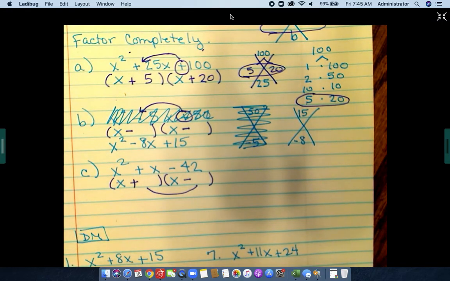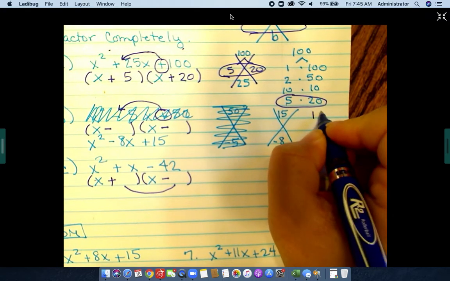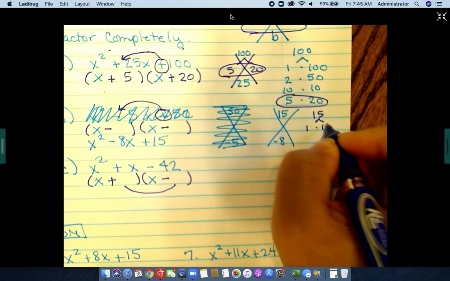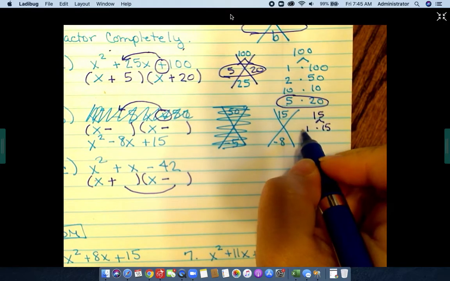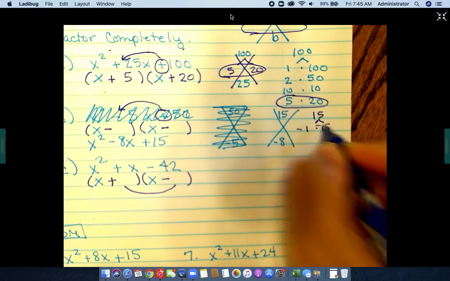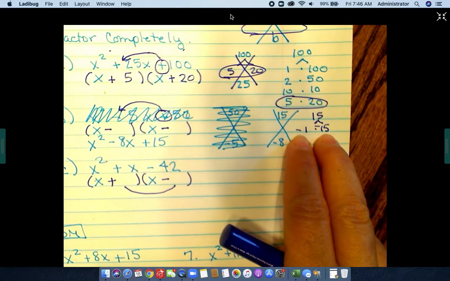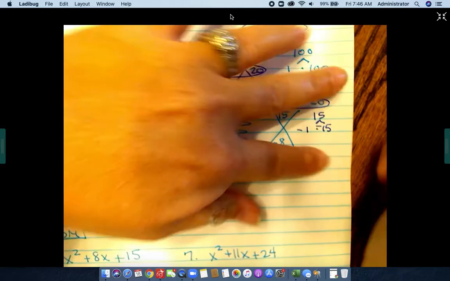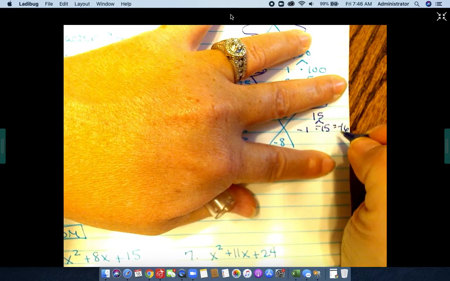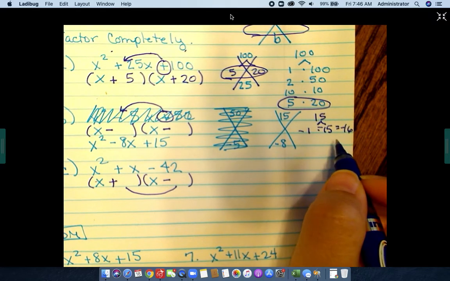So think about your factors of 15. If I break down 15, I could use 1 and 15. In fact, I need a negative times a negative. That's what the whole point of this was. But what's negative 1 minus 15? That's negative 16. So this is not the correct choice.